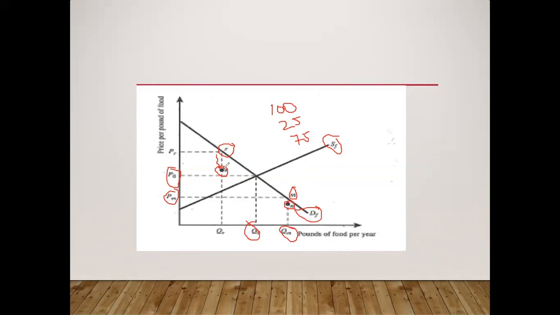When this exercise is repeated for every point of DF, the effective demand curve facing suppliers is DF dash. I'll show it in the next figure.